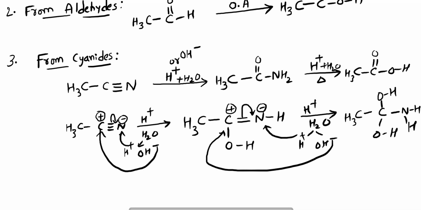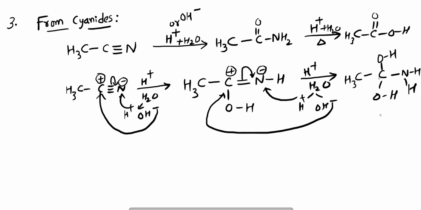Remember, wherever you see two OH groups on one carbon, it won't be stable at all, because two oxygen groups are electron withdrawing groups. They will be pulling electrons. That is why these electrons are taken by oxygen. Oxygen gets negative. Now carbon is losing electrons to oxygen, so it tries to form a bond with another atom. This oxygen pulls electrons from hydrogen. Oxygen gets negative, hydrogen gets positive.